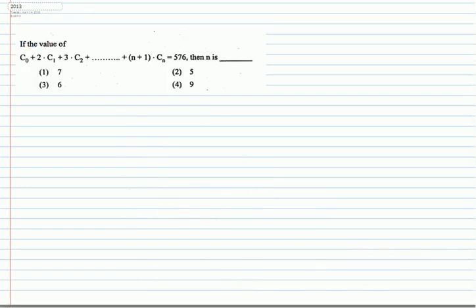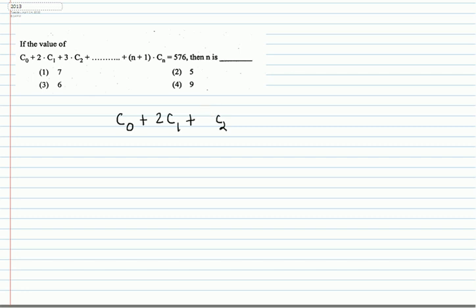If the value of the given expression is equal to 576, okay, this is a standard identity. Therefore don't forget this identity, C0 plus 2C1 plus 3C2. Don't think of it as n, it is a coefficient.